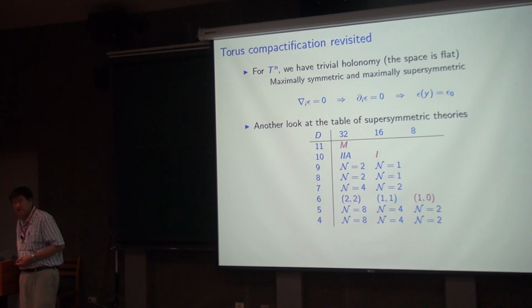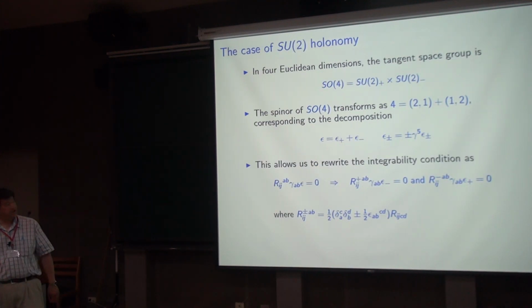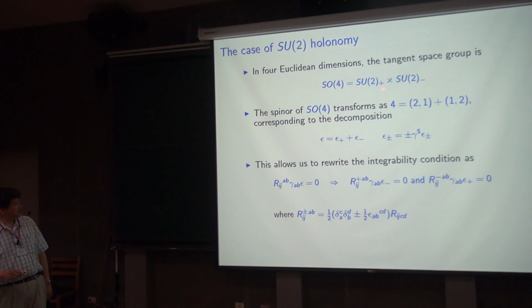What's a little bit more interesting is special holonomy. Let me give you an example of SU(2) holonomy. SU(2) holonomy is supposed to fit inside SO(4), a 4 real dimensional manifold. And the fun thing about SO(4) is you can decompose that into two SU(2)s.